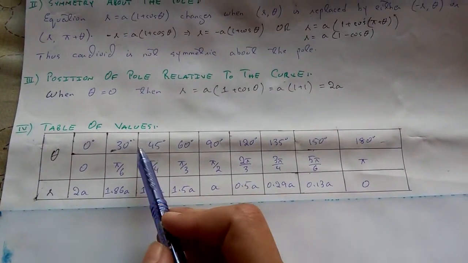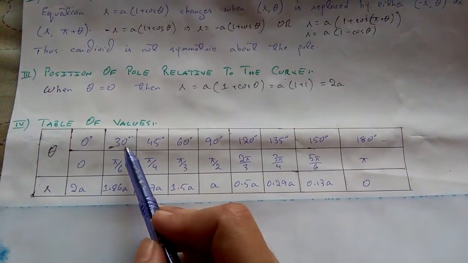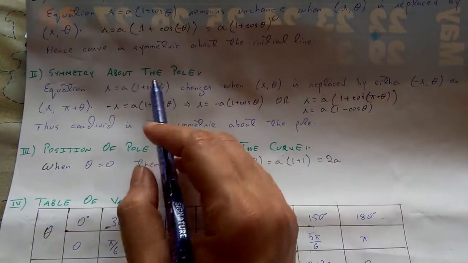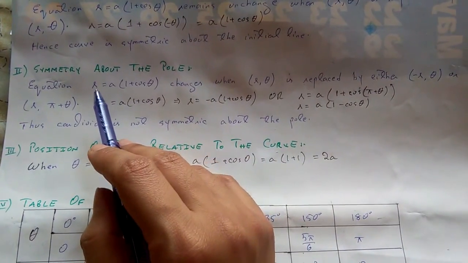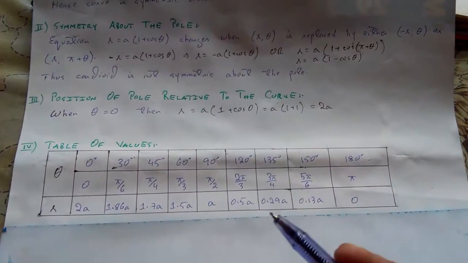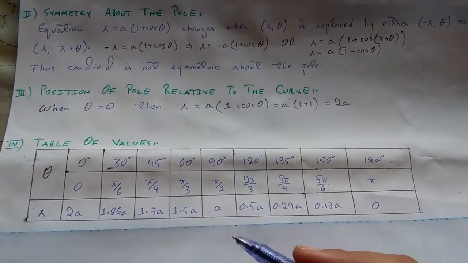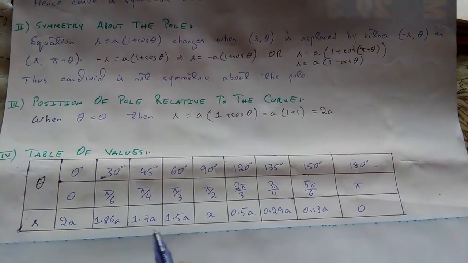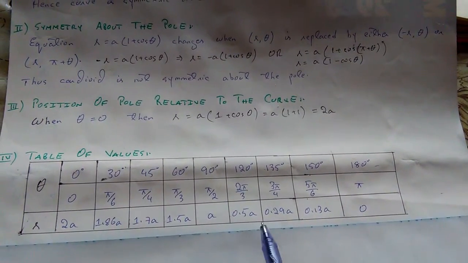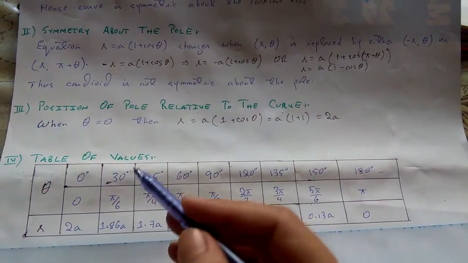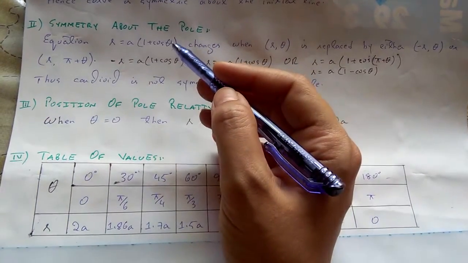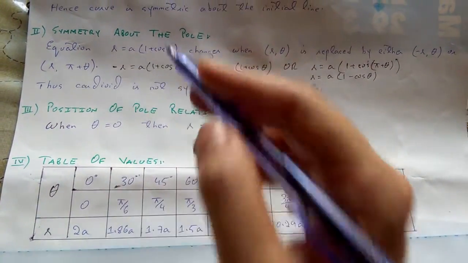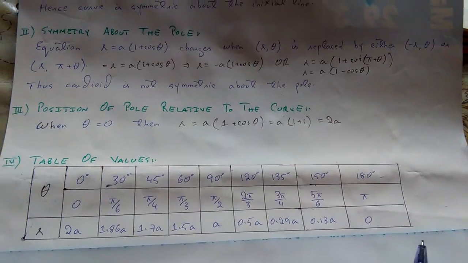When I substitute these angles one by one in my equation, I will get my value of r. It's common maths, everyone can do it. So that's why I don't think I should mention the working here. I simply wrote the values of r directly. You simply put the value of theta right at this place, and you just get the value of r. So it is right over here.